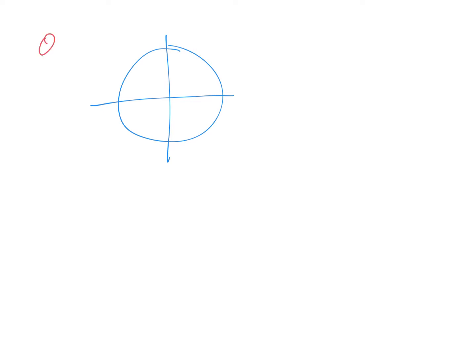Recalling that we defined a radian to be the arc length over the radius, if we look at 1 radian, then S over R should equal 1.